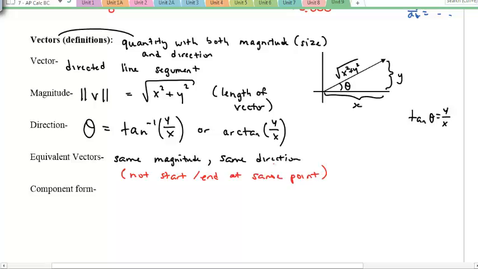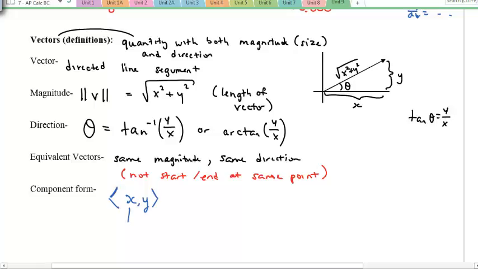And then last but not least, what is component form? Well, component form looks like this. We don't use parentheses, but we use these kind of weird sharp brackets, I guess you could say. And really, there's a component form, so x, y, and if it's 3 dimensions, you get x, y, and z.